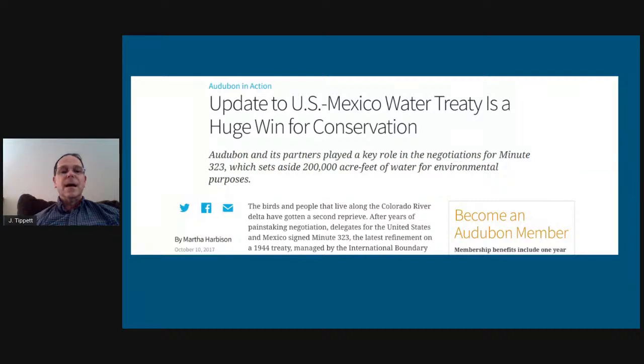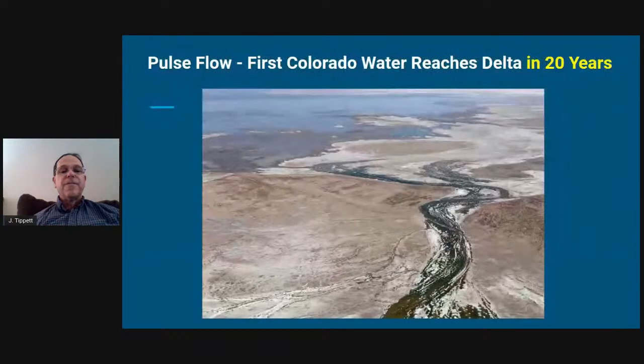And for the first time in 20 years, just a couple of years ago, the very first pulse flow of water reached the Gulf of Baja from the Colorado River. And it was really, really remarkable and a huge celebration. So it's hard to imagine the first time in 20 years a river meets the sea.